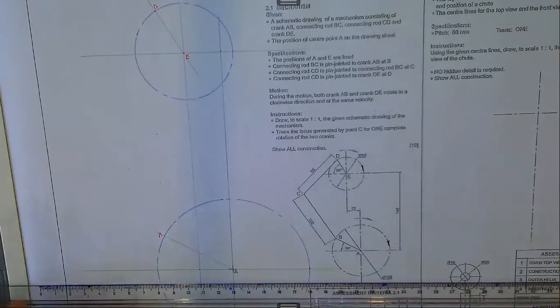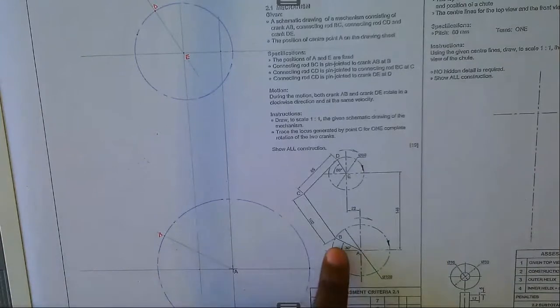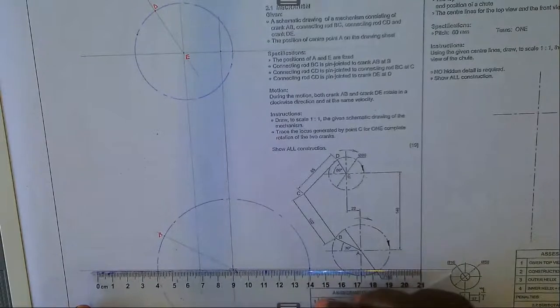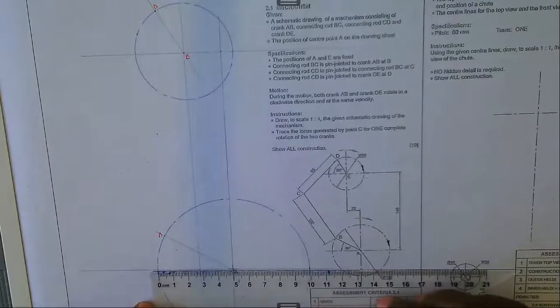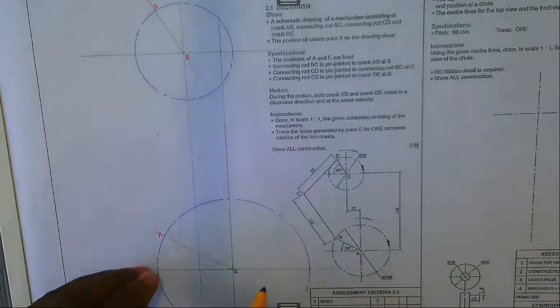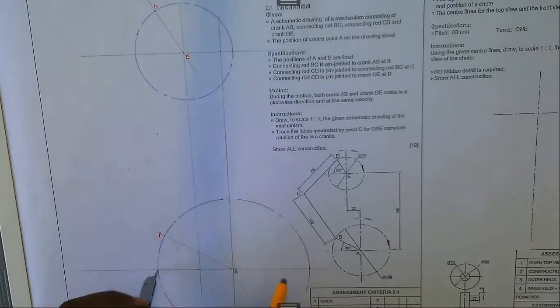Then we are also told that the distance from B to C is 85. Normally I would want to, it's 100, which is also 100 here. I'm going to take this as my radius so that we locate point C.